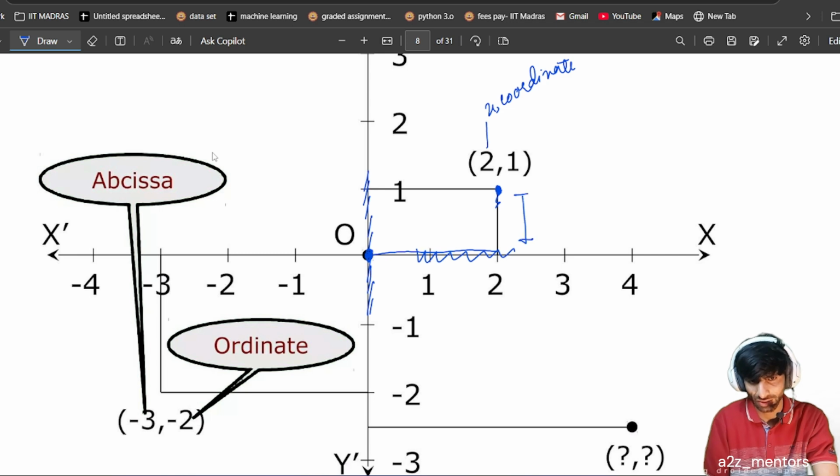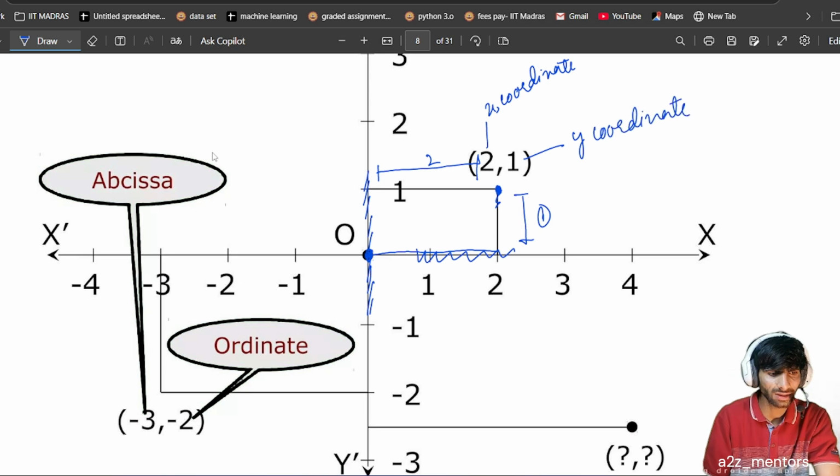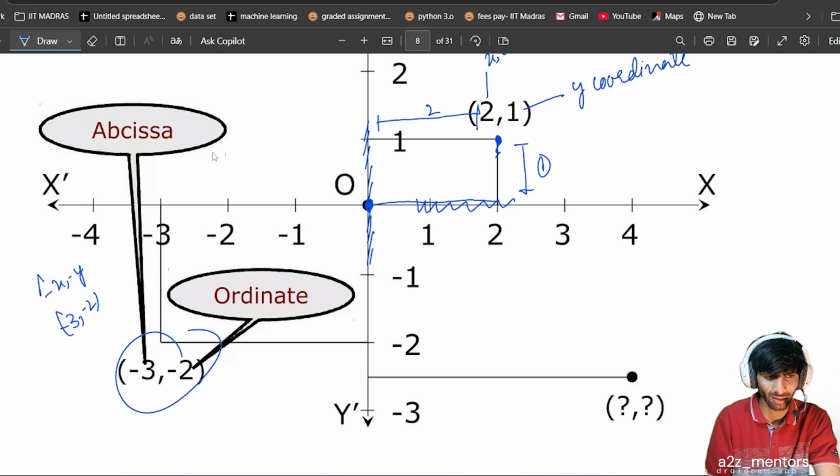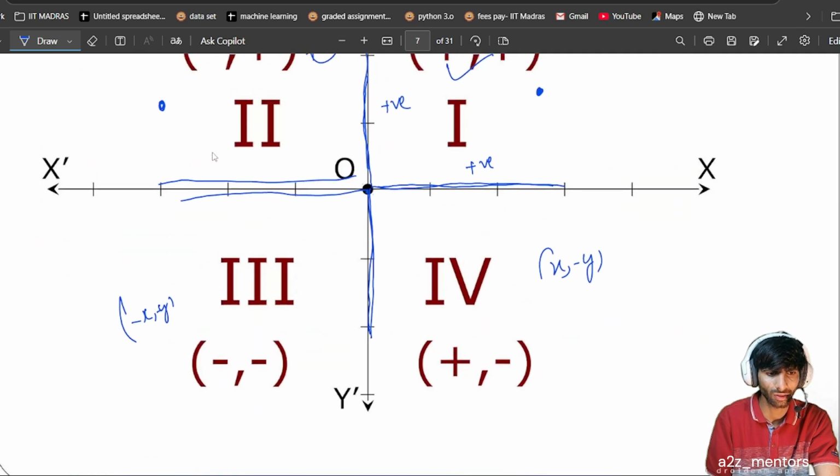So this length is 1 unit and this is 2 units, and we call this the y coordinate. If you check minus 3 comma minus 2, this is the case of my third quadrant, that means minus x comma minus y.